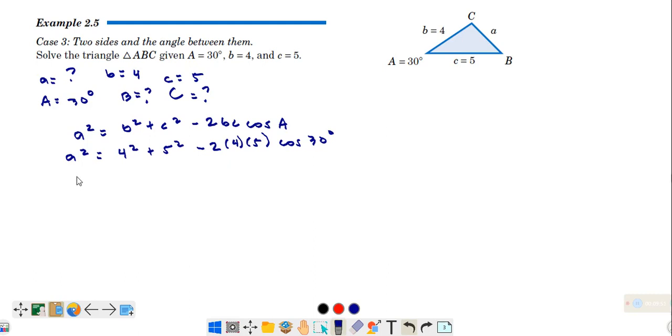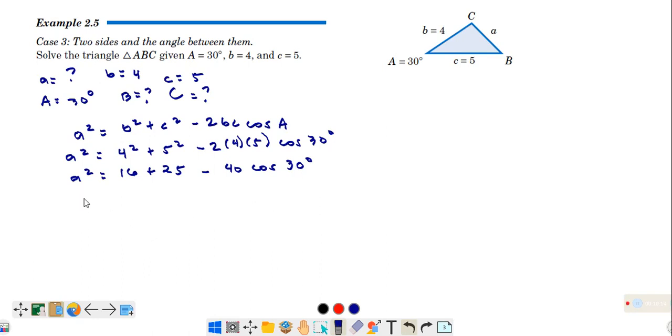Okay, we have A squared. Simplify natin. 4 squared is 16. 5 squared is 25. Minus 2 times 4 times 5. 2 times 4 is 8 times 5 is 40. And then we have cosine 30 degrees. Okay.